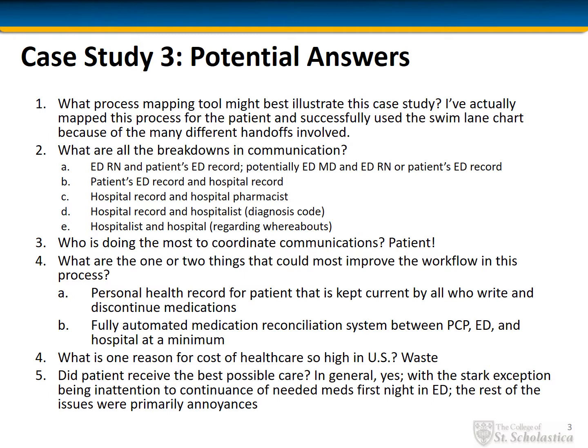This patient doesn't have a personal health record because his primary care provider's clinic and hospital do not support a personal health record associated with the electronic health record. A fully automated medication reconciliation system between the primary care provider, the emergency department, and the hospital at a minimum. And again, these are very few and far between, and even when they exist, don't do so well.